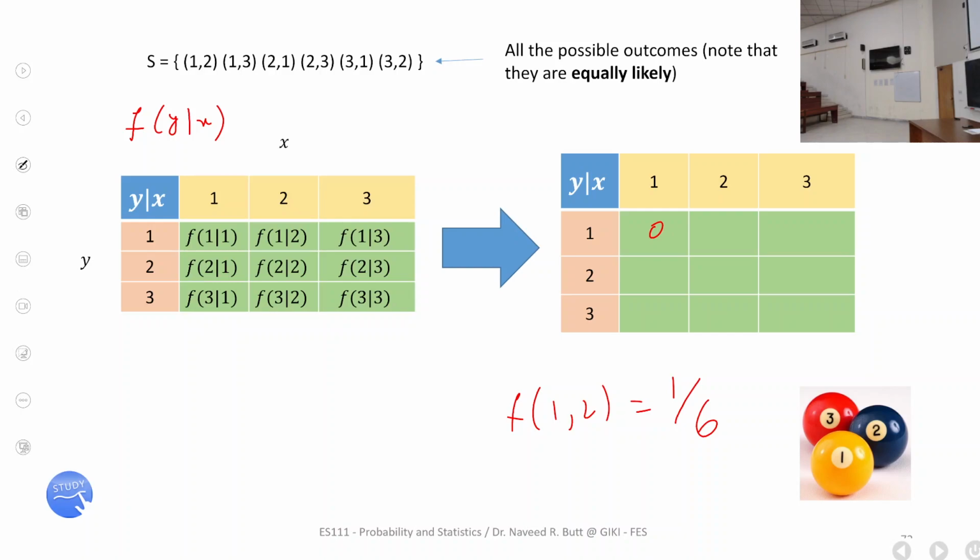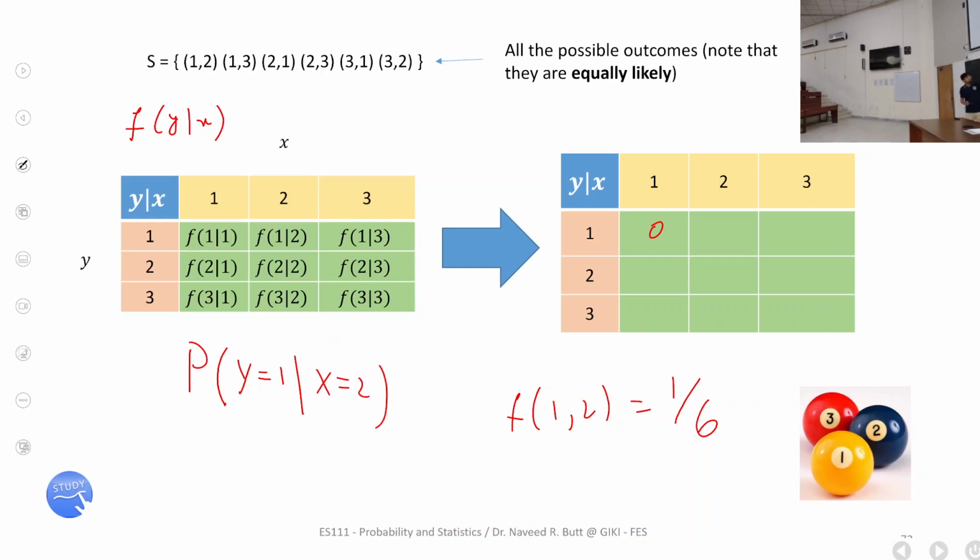Probability. Again, I will write it. I want you to actually really get it clear in your mind what's going on. This is saying probability y equals 1 given that x equals 2. This is y, this is x, okay? Probability second ball shows 1 given that the first was showing 2.